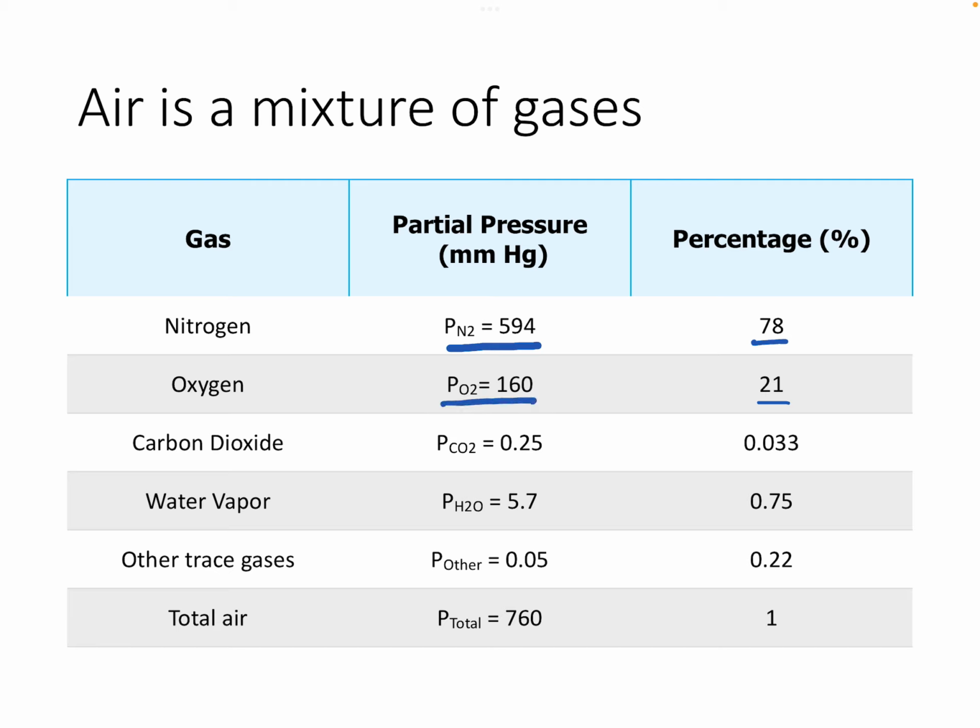It's 160 millimeters of mercury. But if we add all of these partial pressures together, we get our total pressure, which is 760 millimeters of mercury, which is equal to 1 atmosphere.